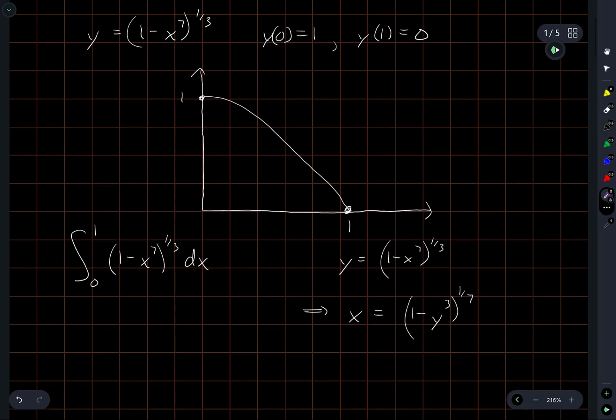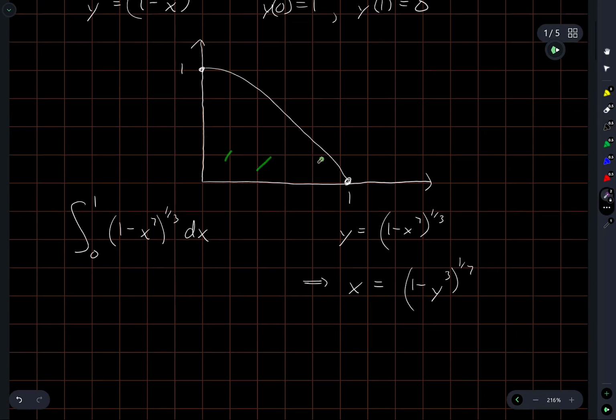So what I want to do is write the area of this region here. Rather than integrating with respect to the x variable and moving along this axis, I want to integrate with respect to the y variable, meaning we move along this axis. And the appropriate expression for that is this.